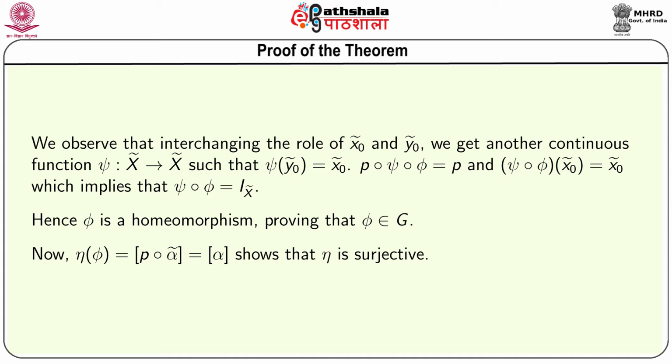Hence, phi is a homeomorphism, proving that phi is a member of G. That means it is a covering transformation. Now, eta phi is indeed equal to the class of p composed alpha tilde, and that is equal to the class of alpha, showing that eta is a surjective function. This completes the proof of this theorem.